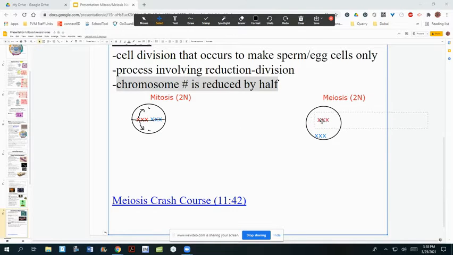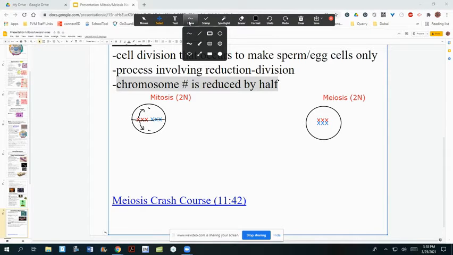In meiosis, however, they look like this. Instead of lining up single file, they line up with their matching pair from mom and dad. And it's not hard to make an association between the mom chromosomes and the dad chromosomes matching up and getting right next to each other, because this is sexual reproduction.